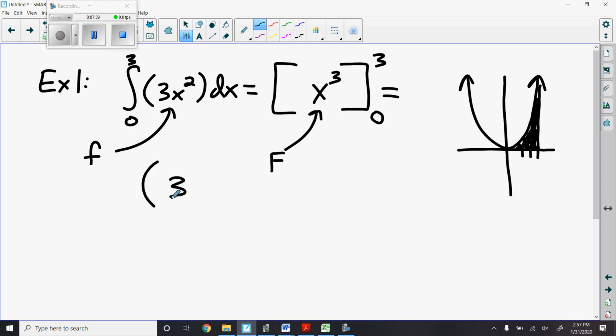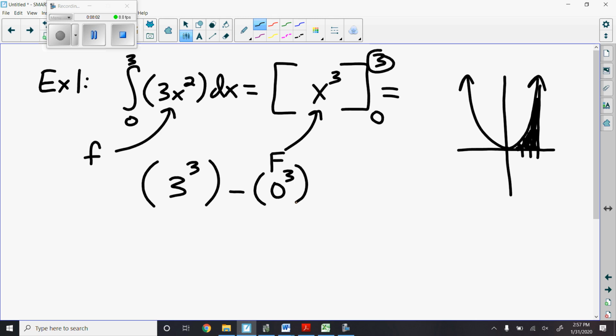I'm going to have the top number evaluated minus the bottom number evaluated. So I've got 3 cubed minus 0 cubed.